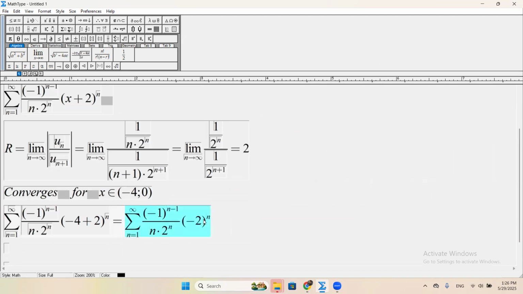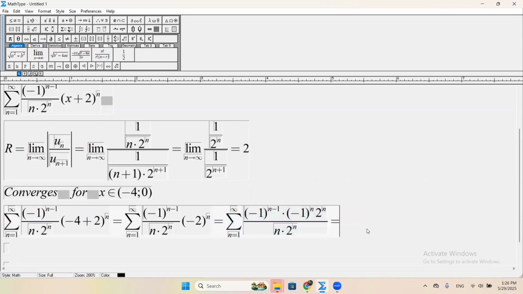Then, multiplying by minus 1 in power of n, and here will be just 2 in power of n.